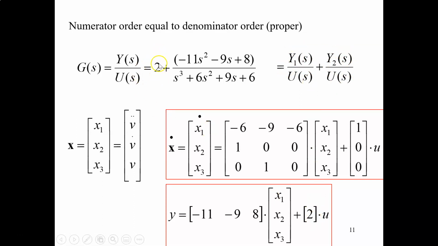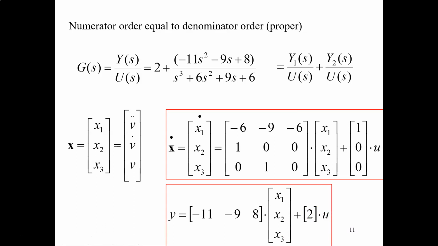But where does that 2 go? Because without y1, just y2, this will be y equal to this times x plus 0 times u. But we are dealing with linear systems. They can add together.